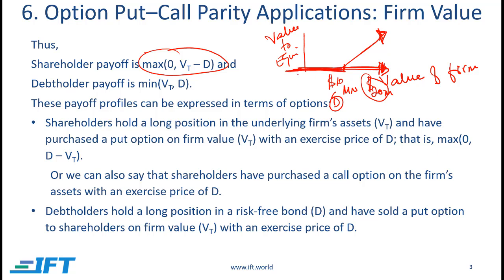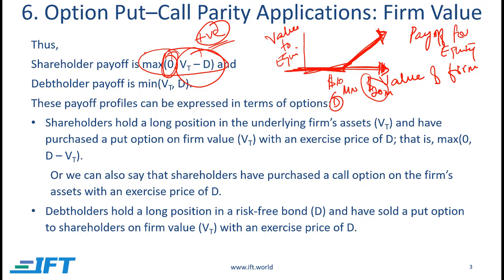So it is either going to be zero or more than zero. So this is the payoff for equity holders, that it's going to be either zero or the difference between the value and debt. Obviously, naturally, if the value is more than the debt, then this will be positive. So whichever is greater, either this or zero.